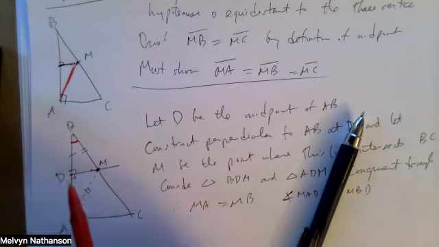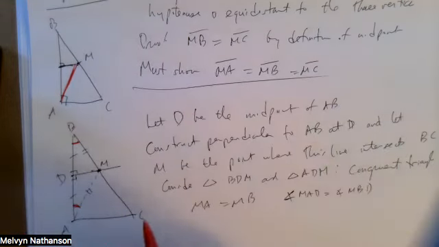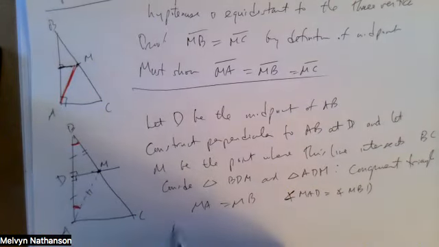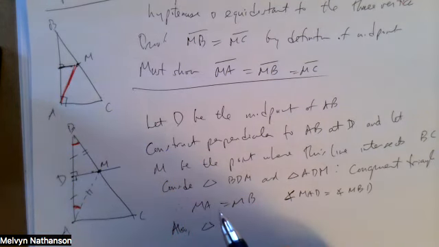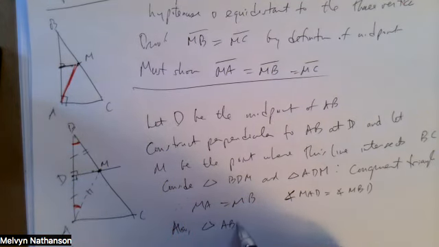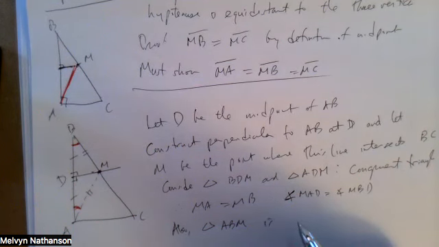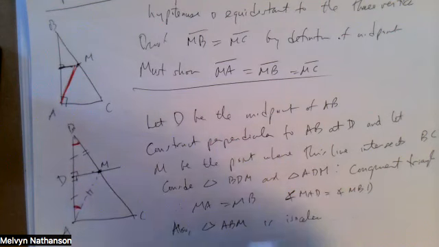This also follows from the fact that triangle ABM is now, we know, isosceles. So this angle equals this angle. It's the same thing.